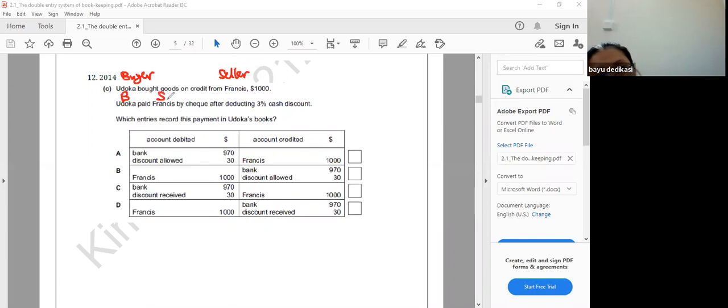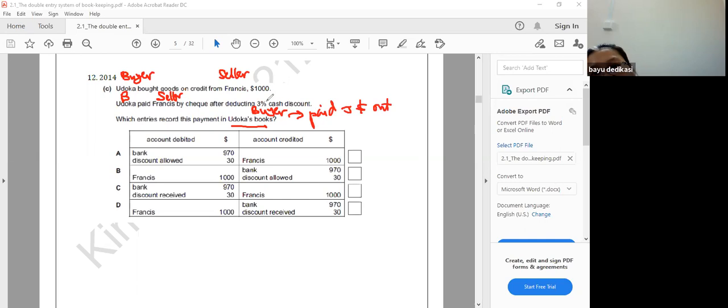This is a seller. Paid by check after deducting 3% discount. Which entry will be recorded in the Udoka book? Udoka is a buyer. So buyer paid. Paid means that money goes out.